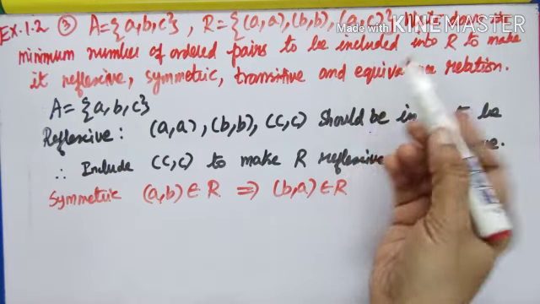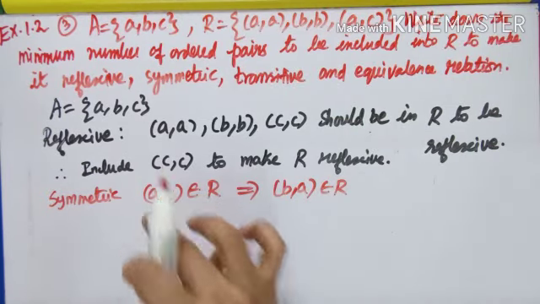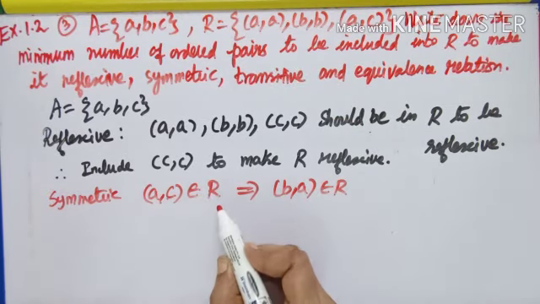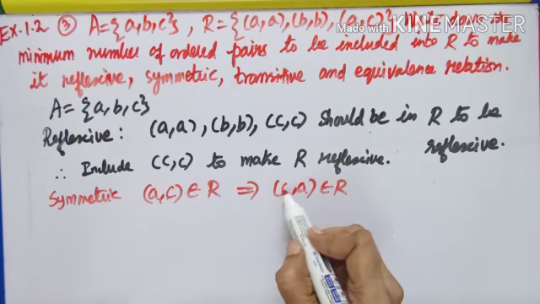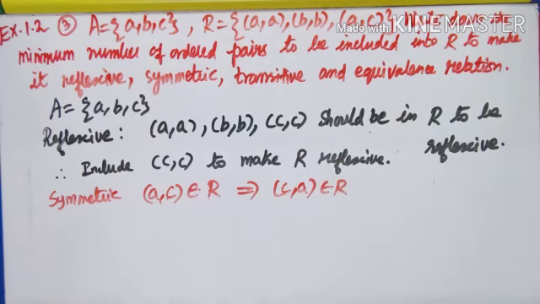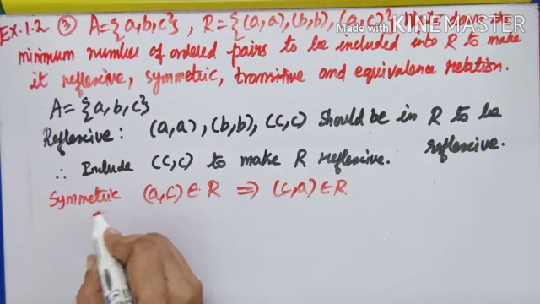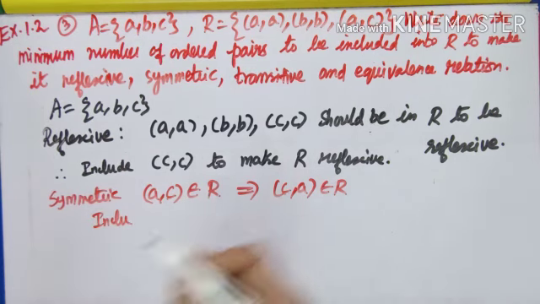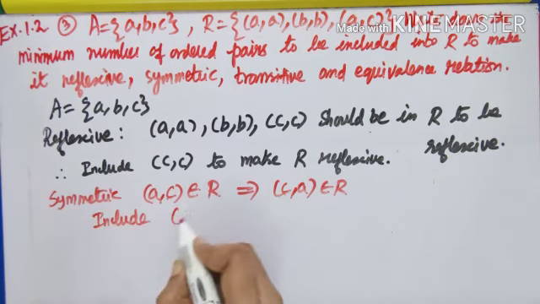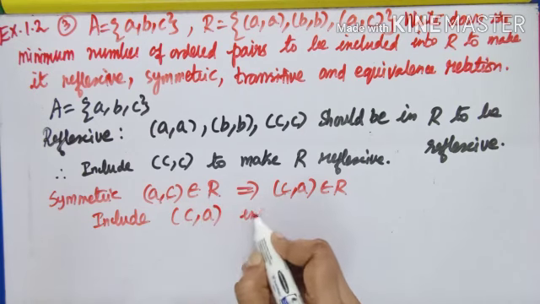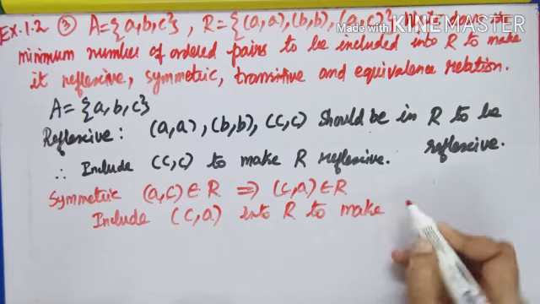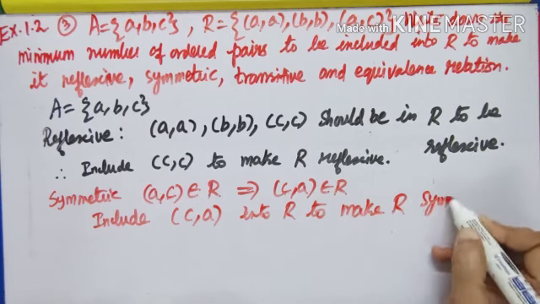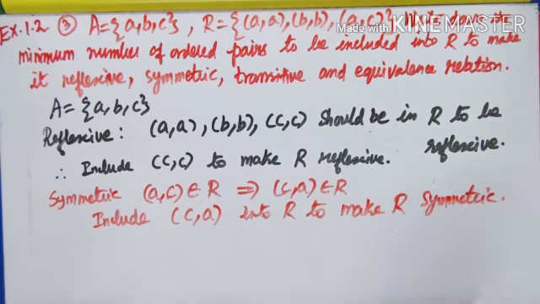What is the reverse? (c, a). So (a, c) belongs to R should imply (c, a) belongs to R. Because (a, c) is there, I have to include (c, a) into R to make R symmetric.